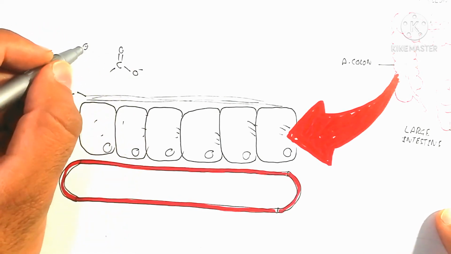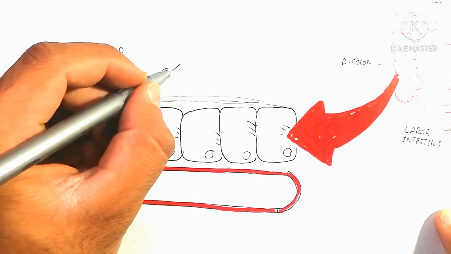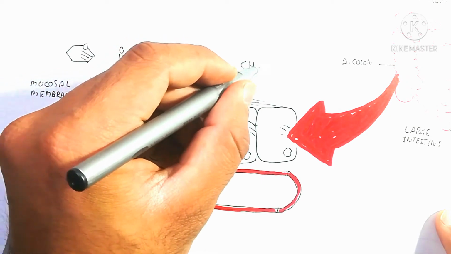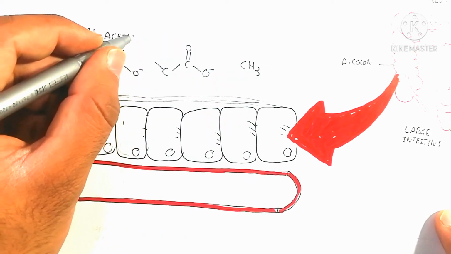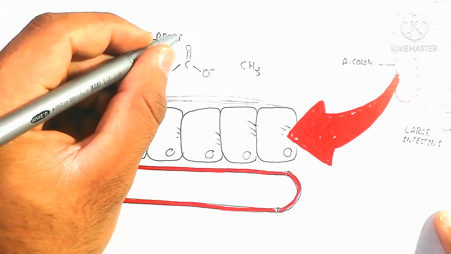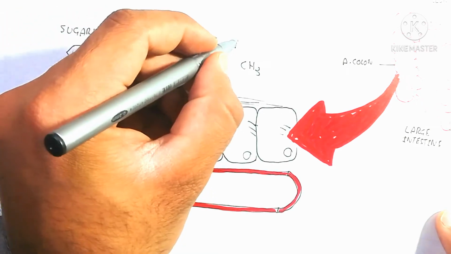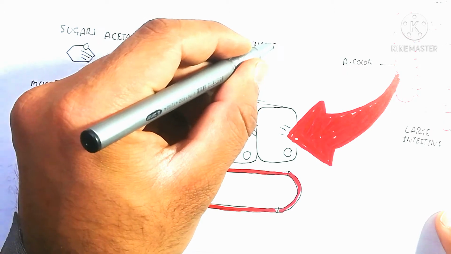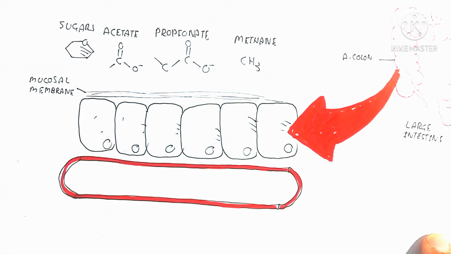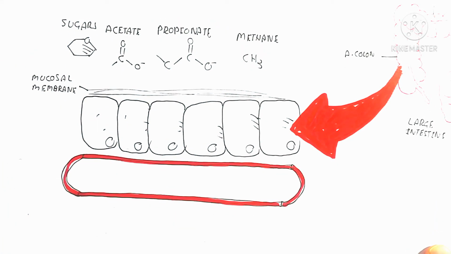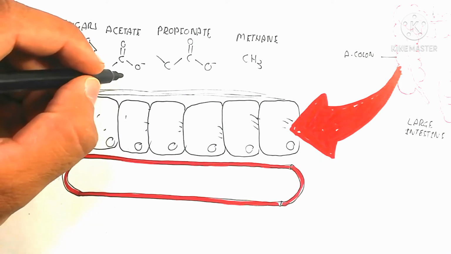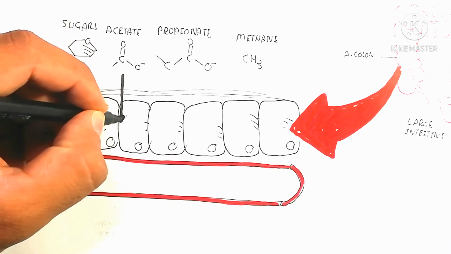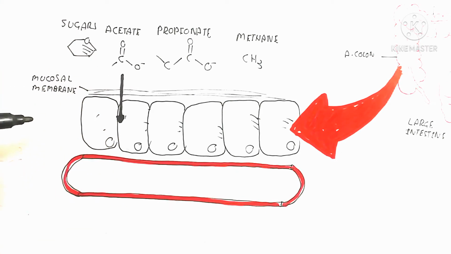So the sugar, acetate, and propionate enter into the bloodstream, but methane will not enter. Methane goes into the fat and is released as a gas from the digestive system. Propionate enters the enterocyte directly because it is diffusion.